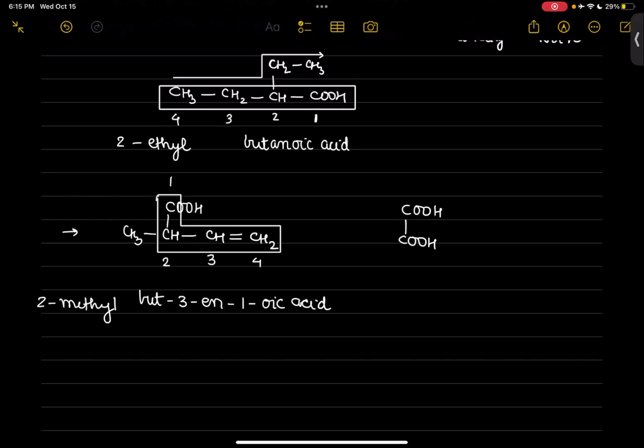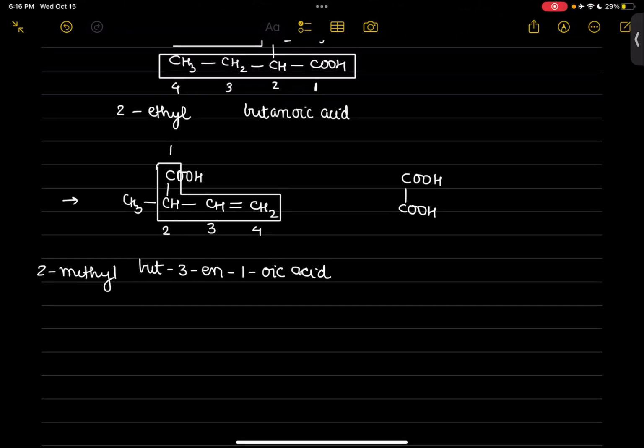What about the next functional group? This compound is very common. You might have studied it in class 10, and it is present in tomatoes. In the acid-base chapter you might have studied oxalic acid.